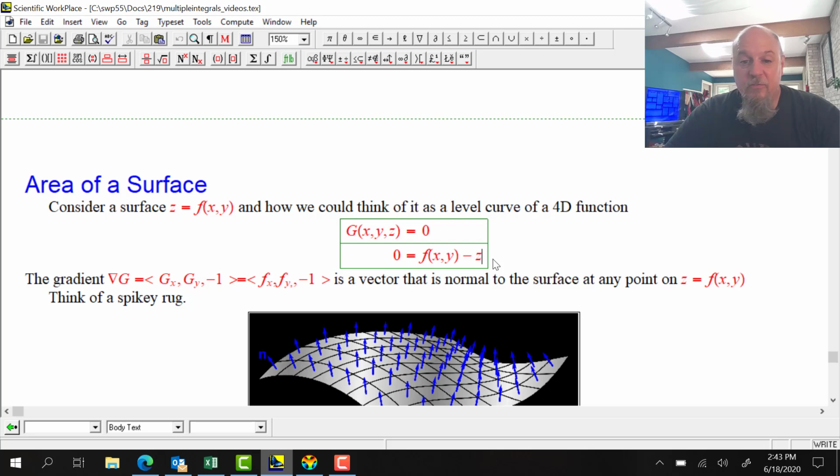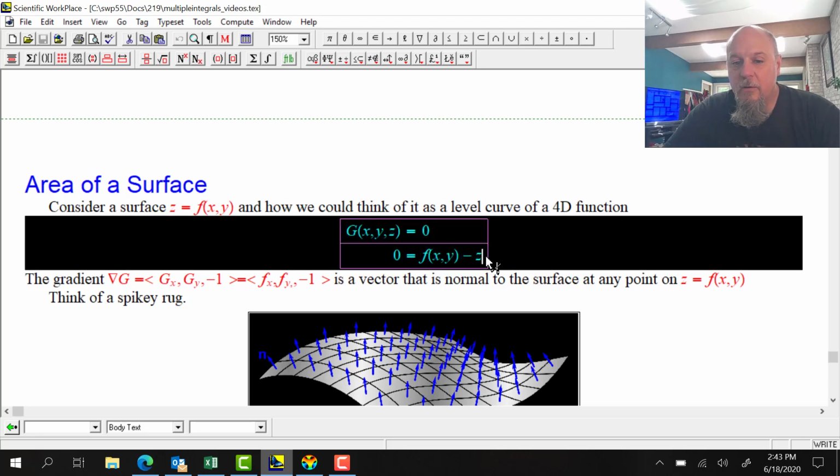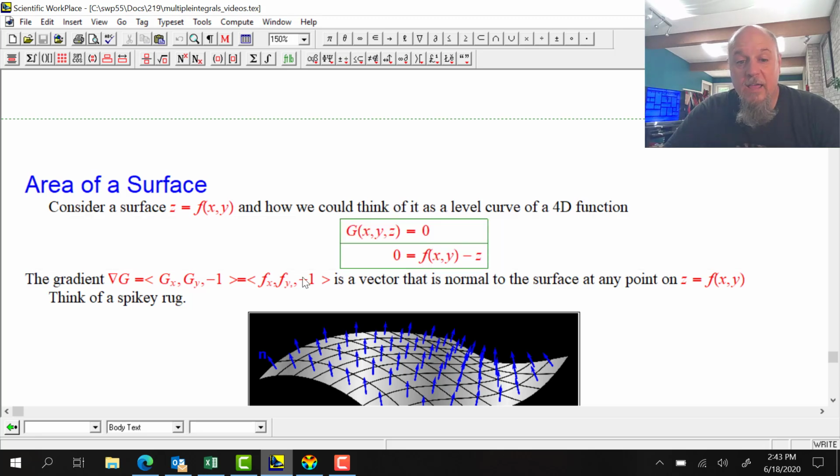There's no x's in this minus z. The same deal with the derivative with respect to y: f sub y. That's it, minus 0, I guess. So then here's our gradient vector. And I know that gradient vector points perpendicular, points normal to the surface at any point.